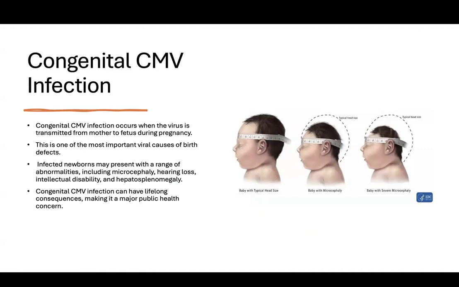We see a lot of hearing loss in babies from CMV infections, a quite significant portion of them. So it's a big public health concern. Generally, we need to treat these pregnant women with antiviral drugs to reduce the amount of CMV in the blood to make sure that it is not passed to the baby.